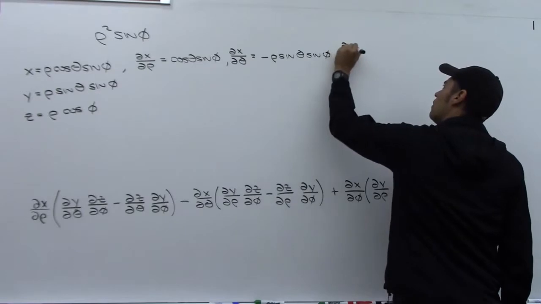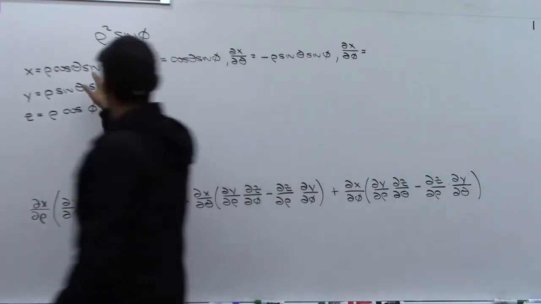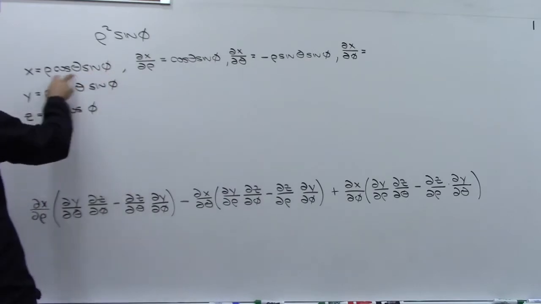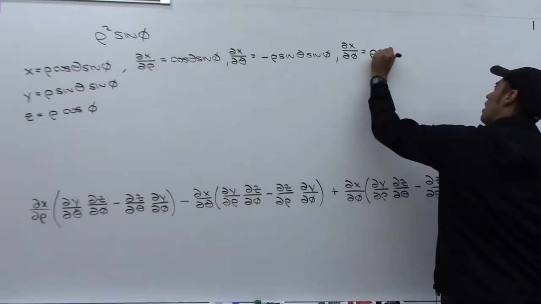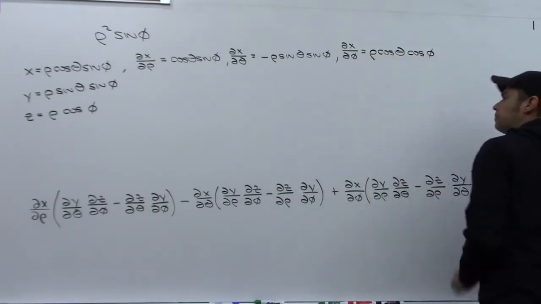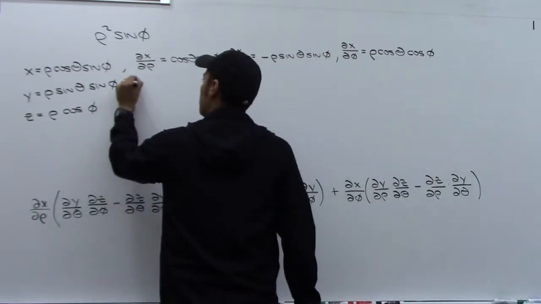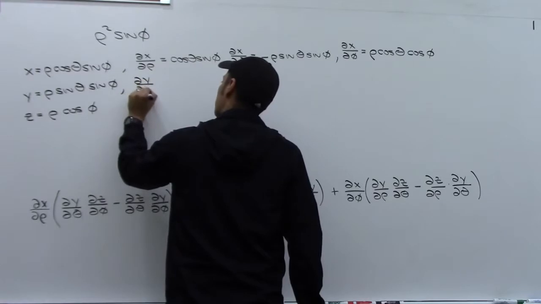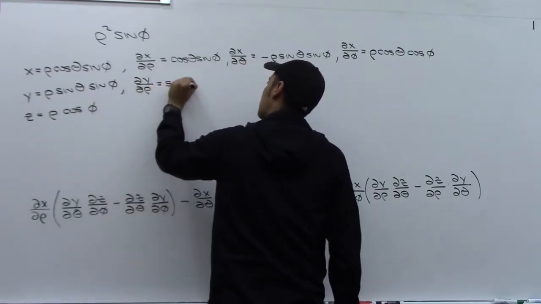Okay, then I need the partial of x with respect to phi. So I'm just taking the derivative of sine phi, which is cosine phi, and that's a constant. So rho cosine theta cosine phi. I also need all the partials for y. So the partial of y with respect to rho is sine theta sine phi.